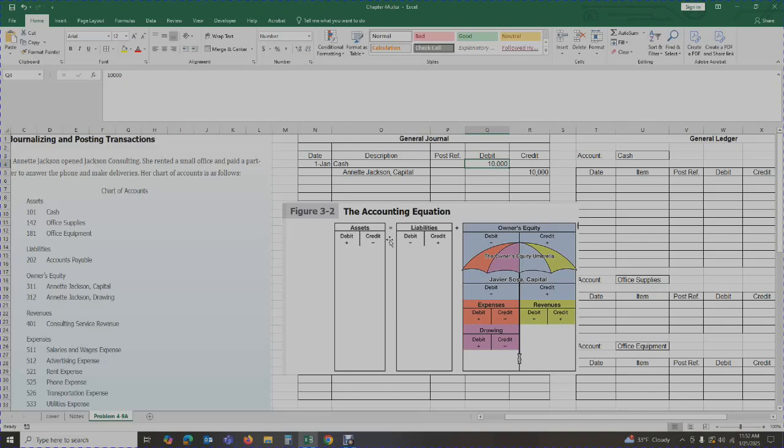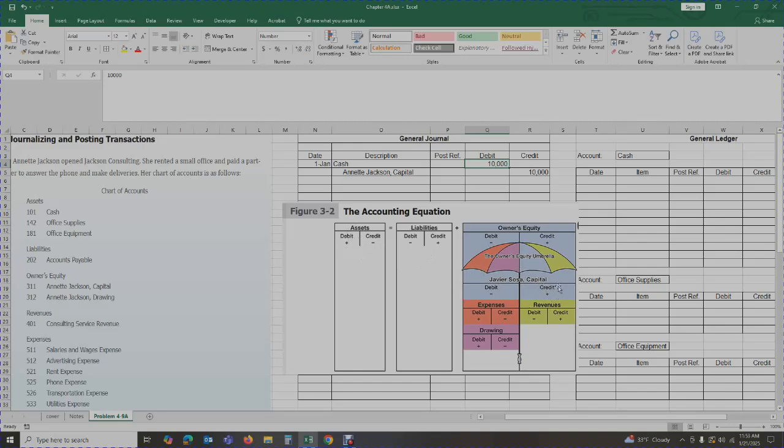Now, Jackson invested money in the business, so her capital is going to grow because now she has a $10,000 investment in the business. Let's look at the capital account. If the capital account is increasing, the plus sign, then I need to credit. That is how I know whether I need to debit or credit. The asset is increasing with a debit.